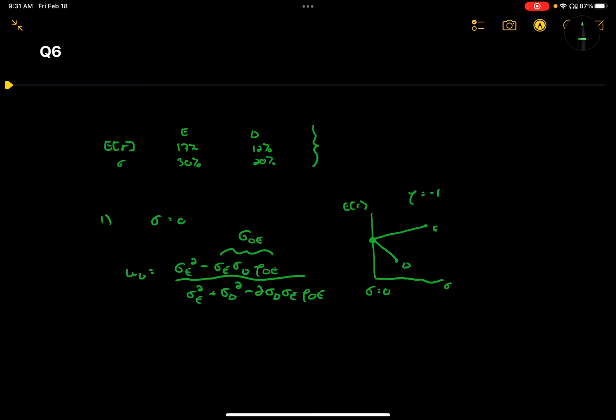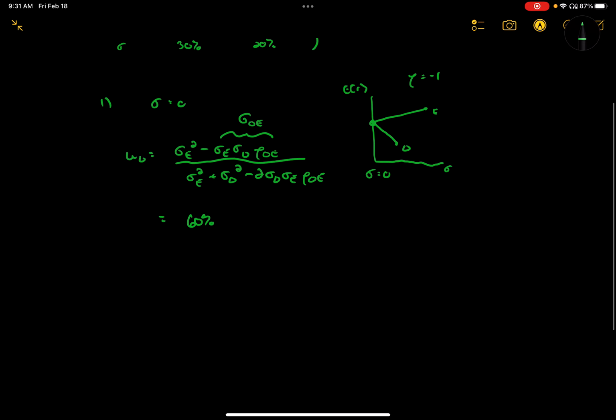As usual, the numerator is the covariance between the two. Just replacing the values that are given to us, we find 60% in D, and we find 40% in E.